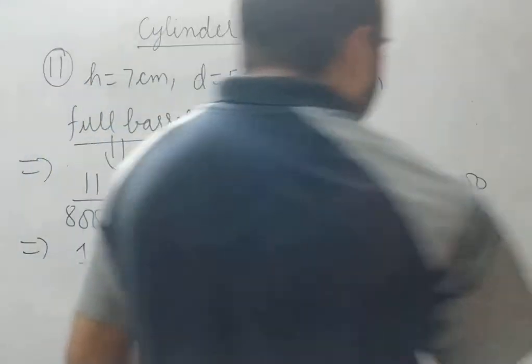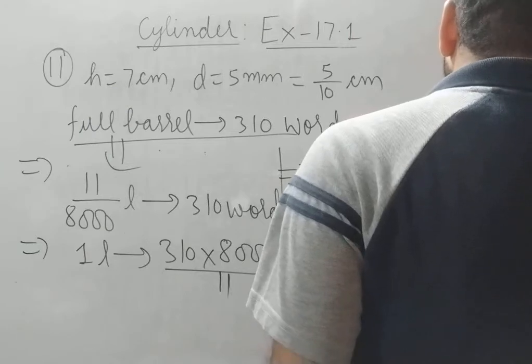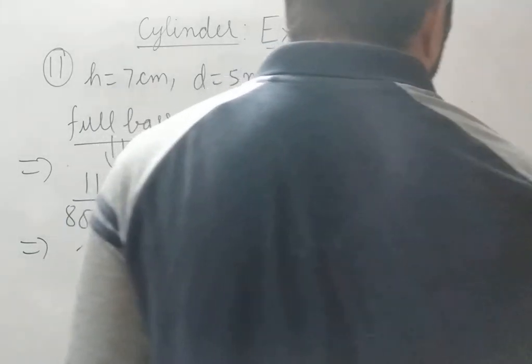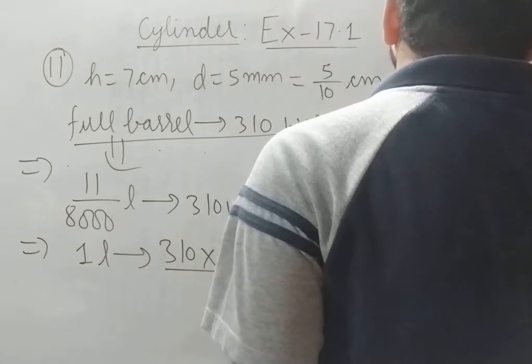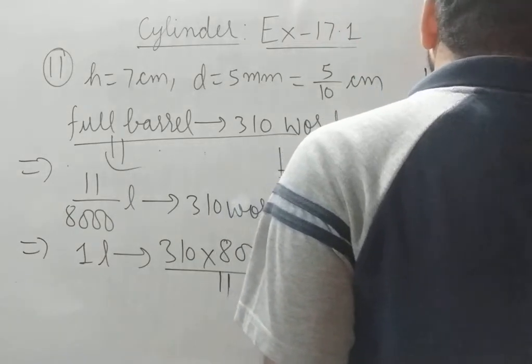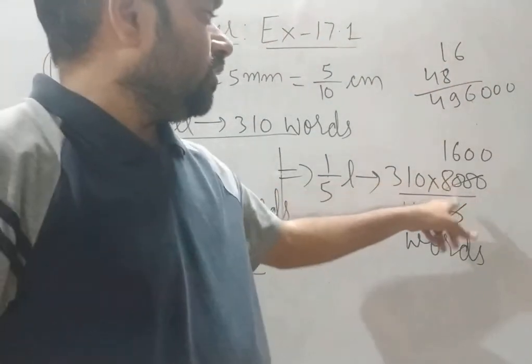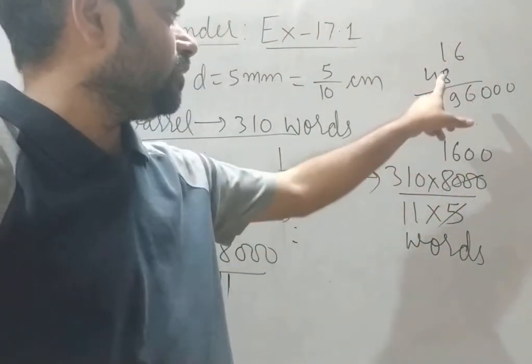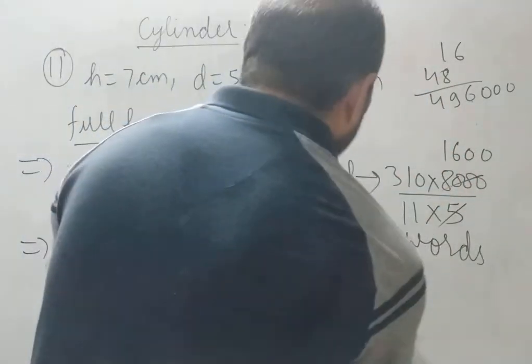So this will be first of all 1600, then 1600 into 31, that is 496,000 upon 11.